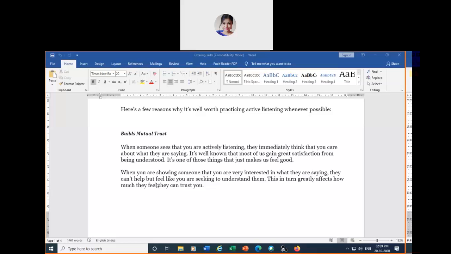Especially in professional relationships and personal relationships, you need to build some kind of trust. So, active listening will help you to build trust.